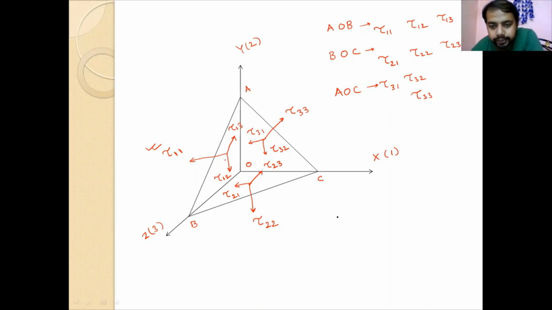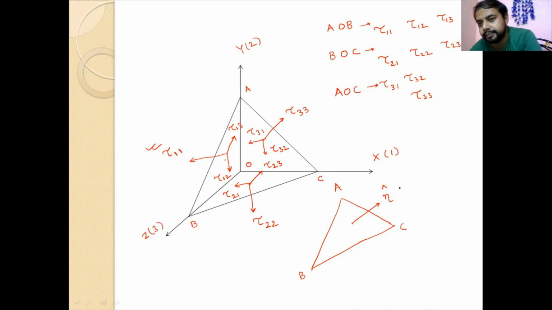Now, if you consider the general surface, what is that? The general surface is A, B, C. From the general surface, if you draw one normal direction, a unit vector, that is eta.